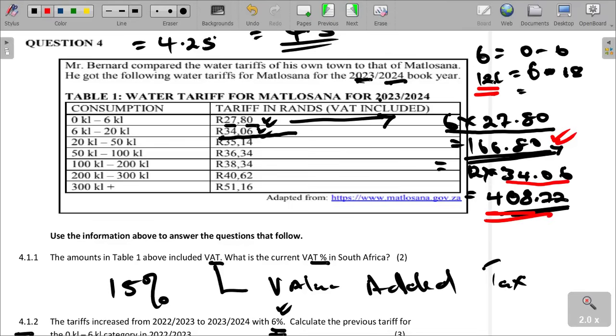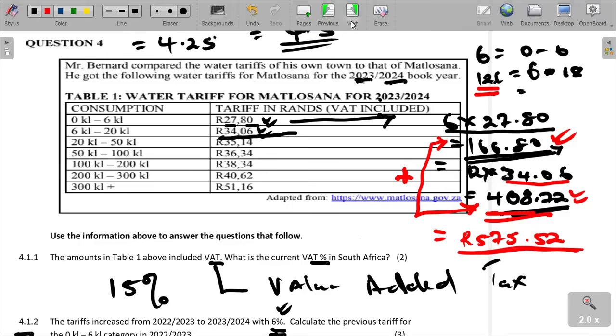And then we get 408.72. The total amount, when we add these two, gives us 575 rand 52 cents. And for sure, it is more than the 550 rand which is claimed there.